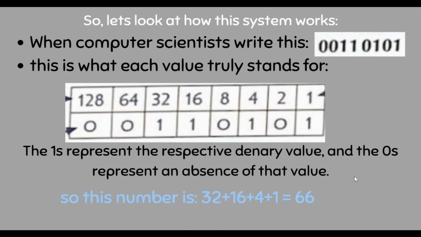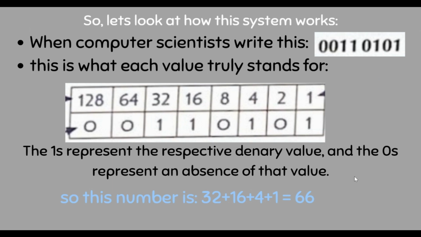When computer scientists write like this, 0011, 0101, this is what each value truly stands for. So you've got base 2 going from right to left, so the 1 at the end stands for 1. The 0 then means that there's no 2s. The 1 then stands for a 4. The 0 means there's no 8s.